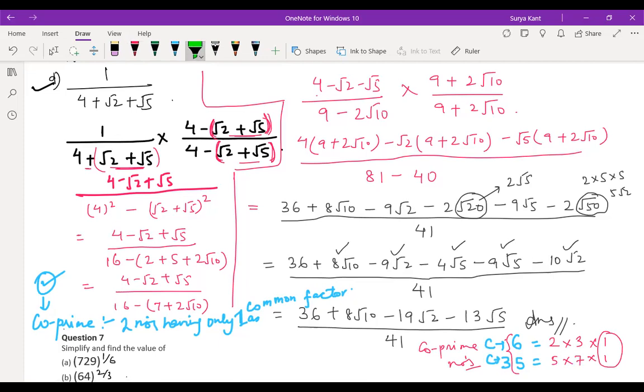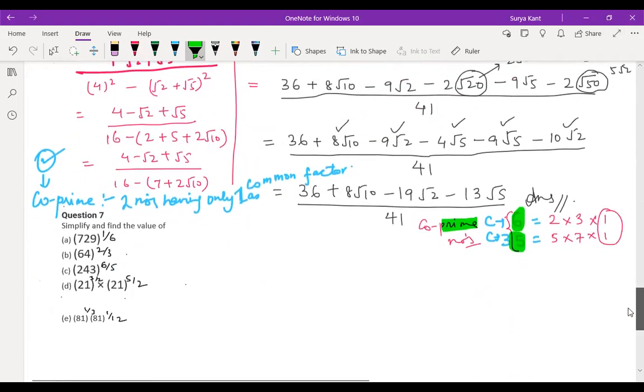Co means both are prime, but here both are composite, but the combination of both is co-prime. Understood, children? Sai Charan, Harini, Shyanvi, is it clear? It doesn't mean that both numbers are prime. Both numbers may be composite, but their only common factor must be one. Okay.